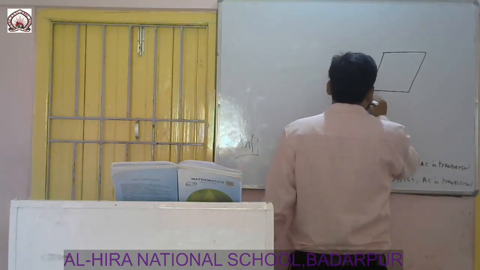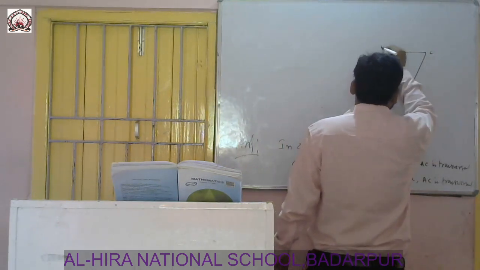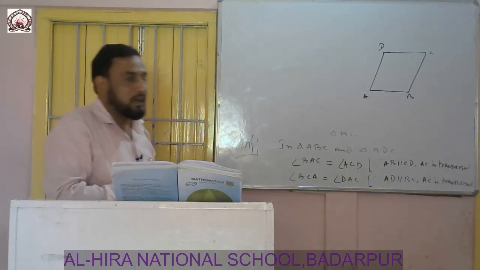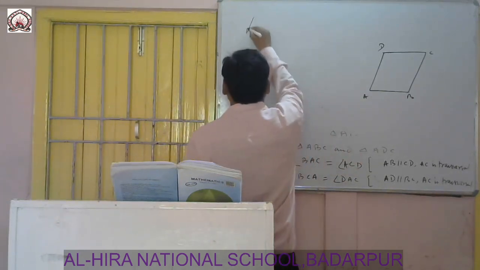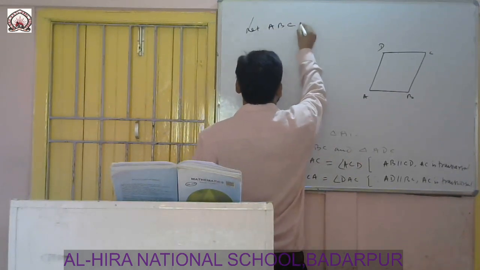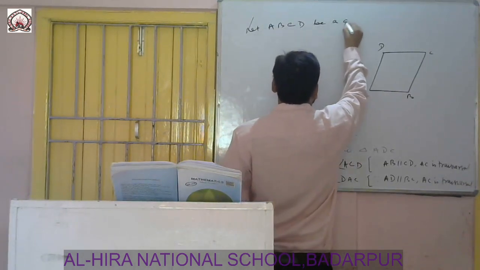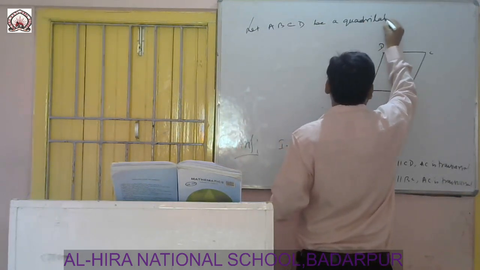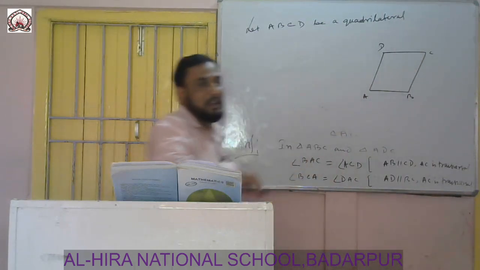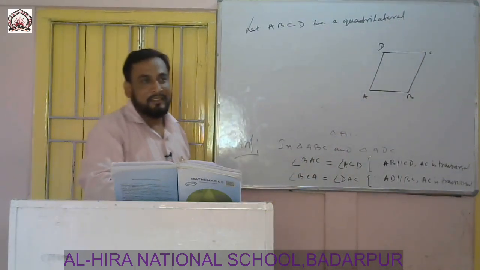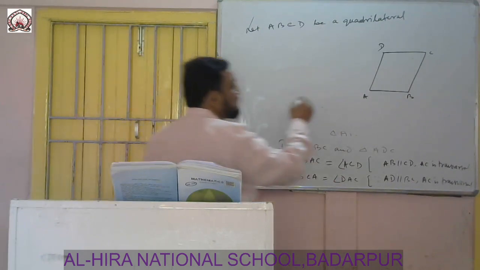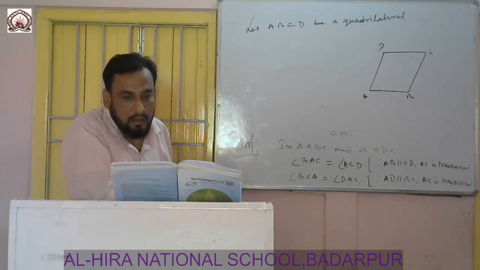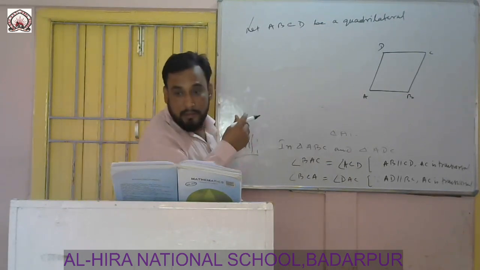Let ABCD be a quadrilateral whose opposite sides are equal. Which pair of opposite sides are equal?